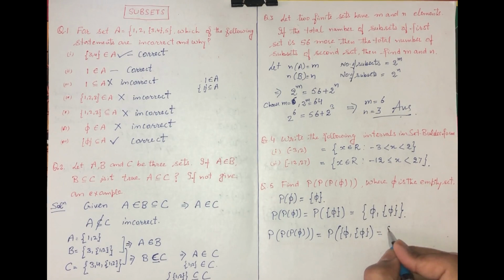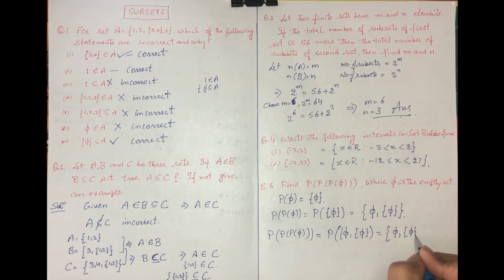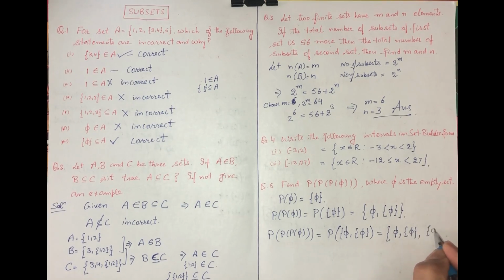This is phi, curly bracket of phi. Now subset phi and P of this. So this will be the answer.